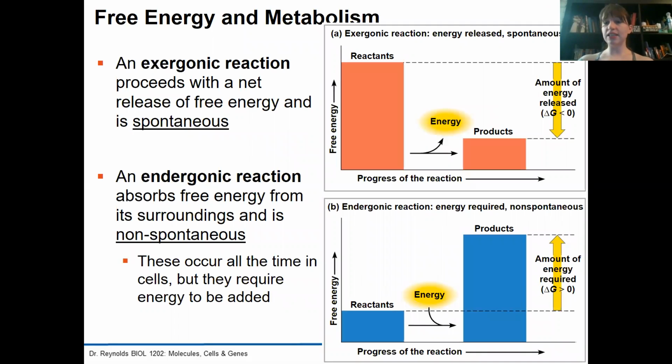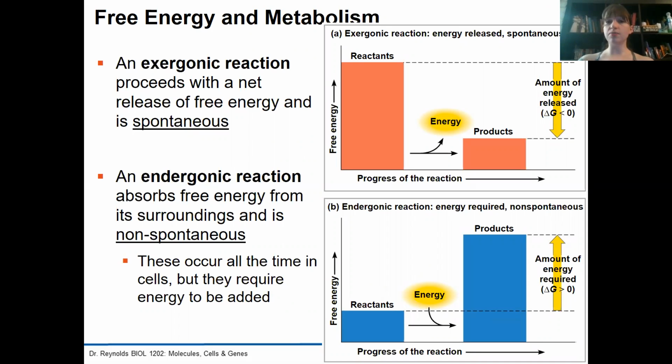You might have already seen this principle before in chemistry. Spontaneous reactions are also known as exergonic. An exergonic reaction will proceed with a net release of free energy. And an endergonic reaction is non-spontaneous and will absorb energy from its surroundings.